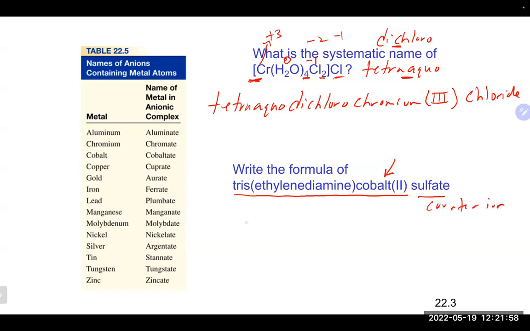So starting with tris ethylenediamine, that means tris is 3. So we basically got 3 of those guys, right? We have a cobalt, and that would make our complex ion part. Now we might want to figure out what our charge on our complex ion is, since en is neutral and this guy is 2, and we know that from the Roman numerals.